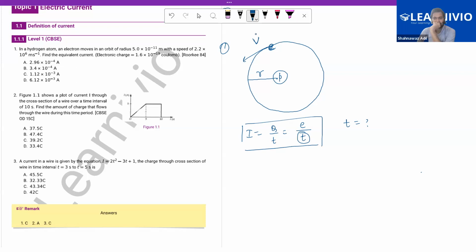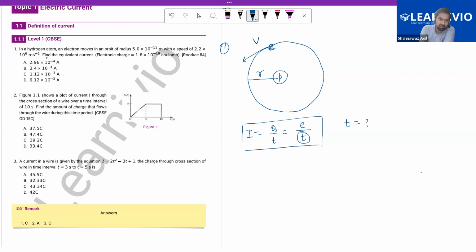Yes, Q by I. Okay, but we have to calculate this current.